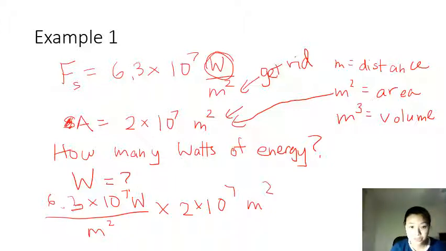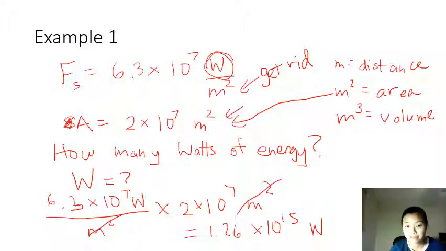You see here that the meter squared is on the top and the bottom, so they're going to cancel. If I put this in the calculator, it gives me 1.26 times 10 to the 15th watts. And we know that this is watts because that's the unit that I have left.